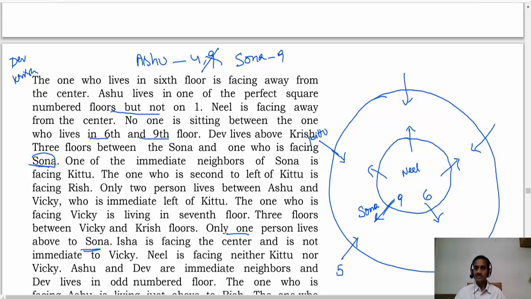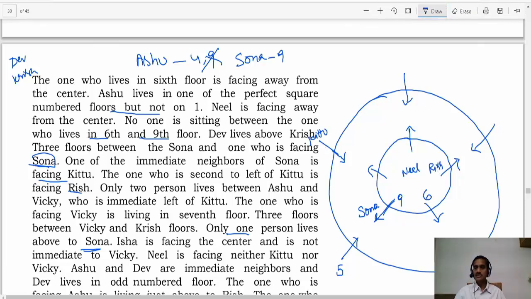The one who is seated second to the left of Kittu is facing Rish. If Kittu is here, second left is here, and there Rish must be. Rish can be here or here.